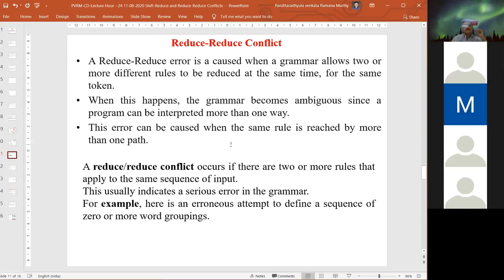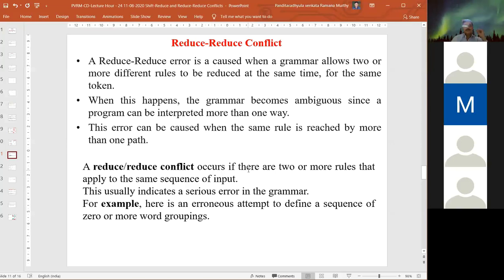This error can be caused when the same rule is reached by more than one path. We'll see that with an example. A reduce reduce conflict occurs if there are two or more rules that apply to the same sequence of input.